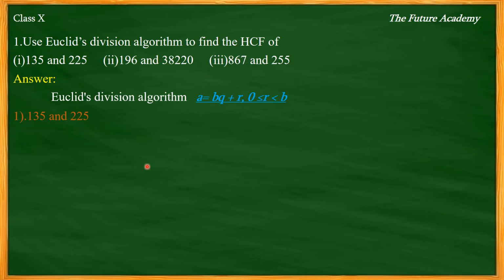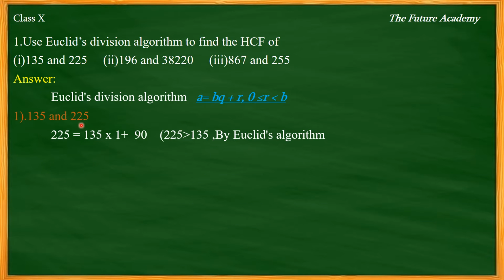Now we have to find the HCF of 135 and 225. By Euclid's algorithm, we can write 225 is equal to 135 into 1 plus 90. Look into the question.